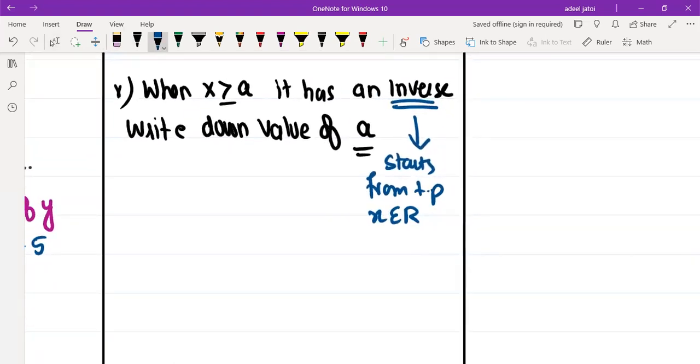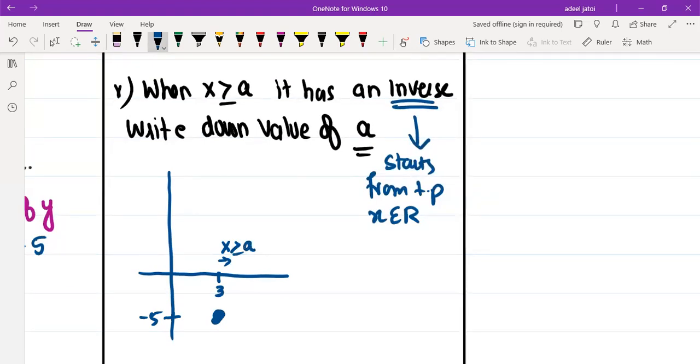So it says x is greater than or equal to a. So your graph particularly had the turning point at 3 and minus 5. On the right hand side, it shows x is greater than or equal to a. This part shows x less than or equal to a, which is not required.